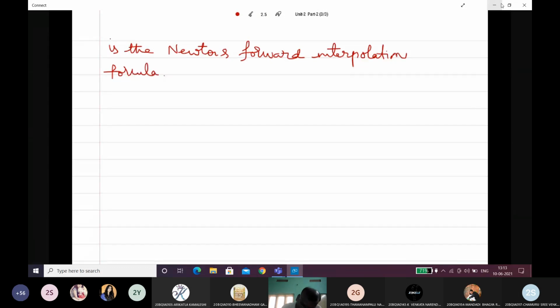Now you note down one note here, very important. When do we apply Newton's forward interpolation formula? Forward means when the value is near the top, near the beginning, that is when we have to apply.